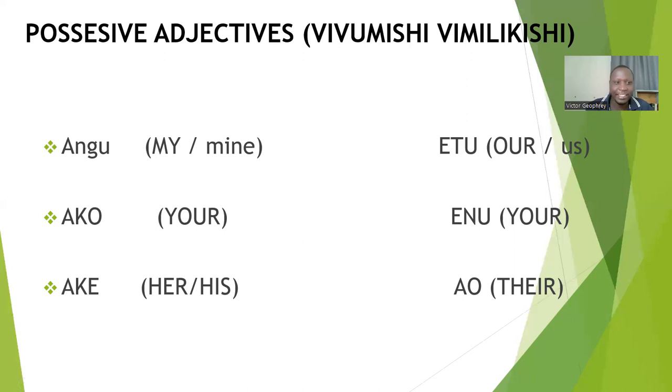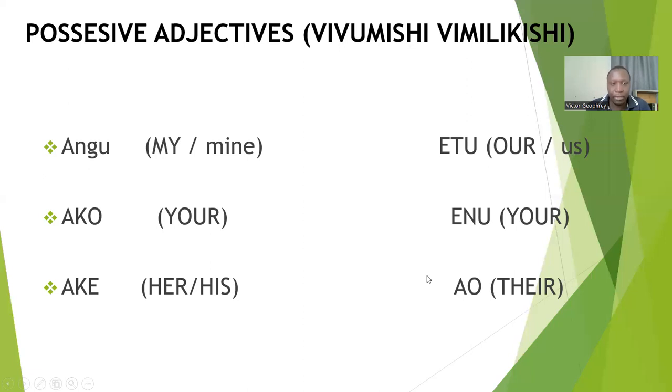Okay, simple like that. Remember, the noun is in plural under this noun class, the mi noun class. So if you want to connect the nouns under the mi noun class together with the possessive, and the noun is in plural, just add y: yangu, yetu, yako, yenu, yake, yao.